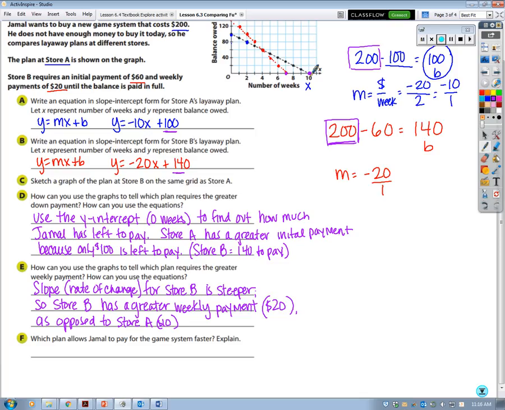So store B, let's see, how do I want to word this?